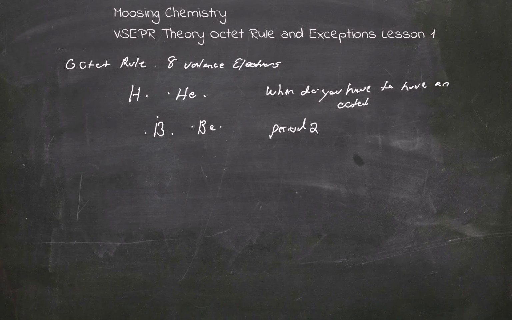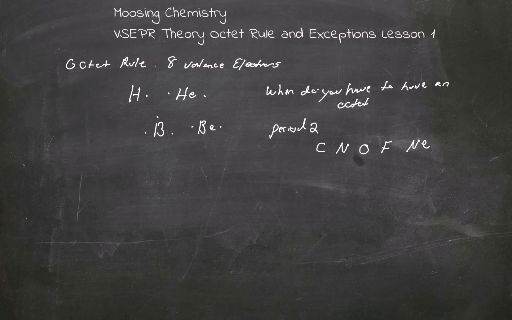You say, well, hey, isn't boron in period 2? Yes. But the elements that have to have the octet, for sure, are carbon in period 2, nitrogen, oxygen, fluorine, and neon. All those have to have an octet.